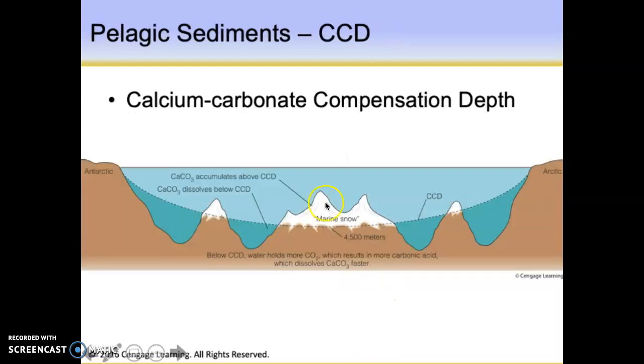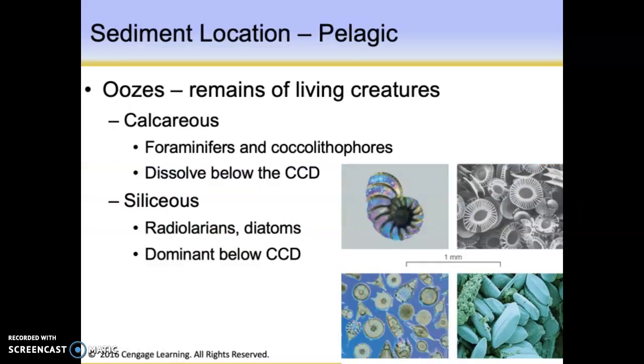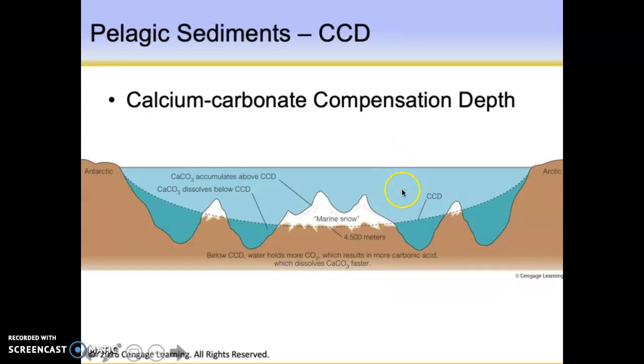So as we look at this picture, that thin little line at the top really represents the upper part of the ocean where there's enough light for photosynthesis, and that's where these organisms live. When they die, they sink to the bottom, and we're going to learn more about ocean chemistry later on in the semester.